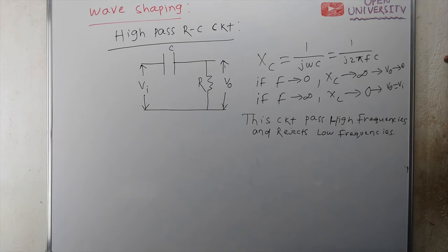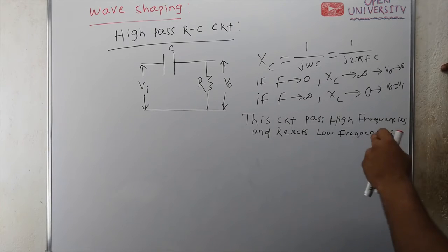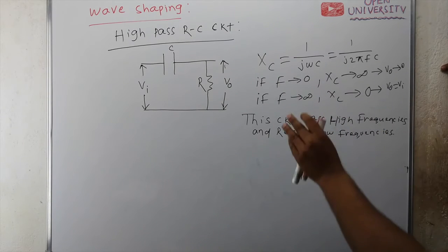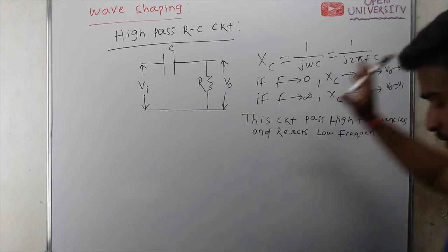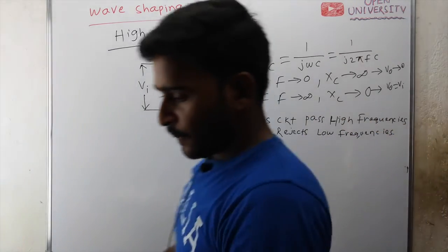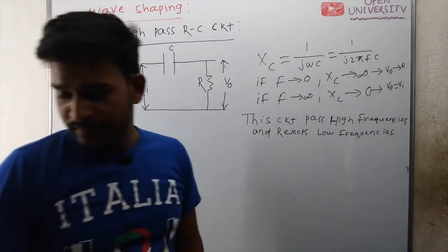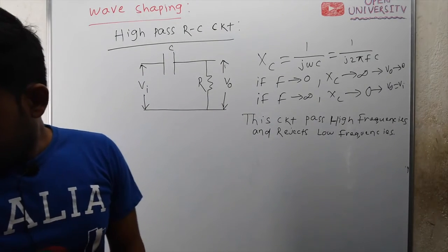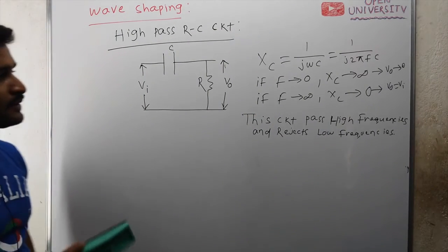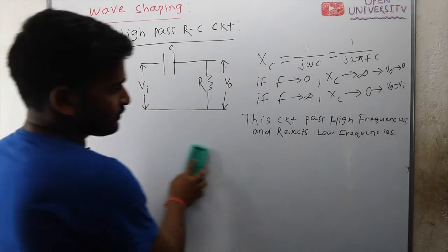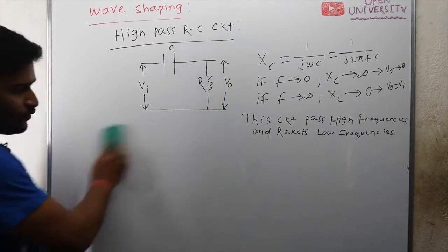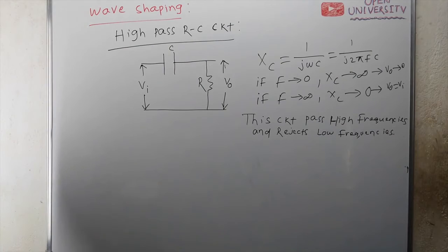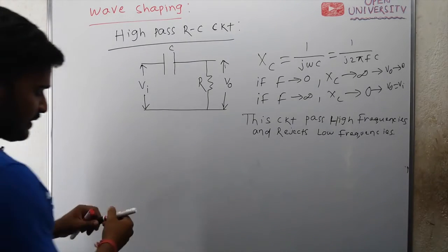So this circuit is passing high frequencies to the output and rejecting the low frequencies. That's why this circuit is called a high pass circuit. Now we'll calculate gain of this high pass RC circuit.